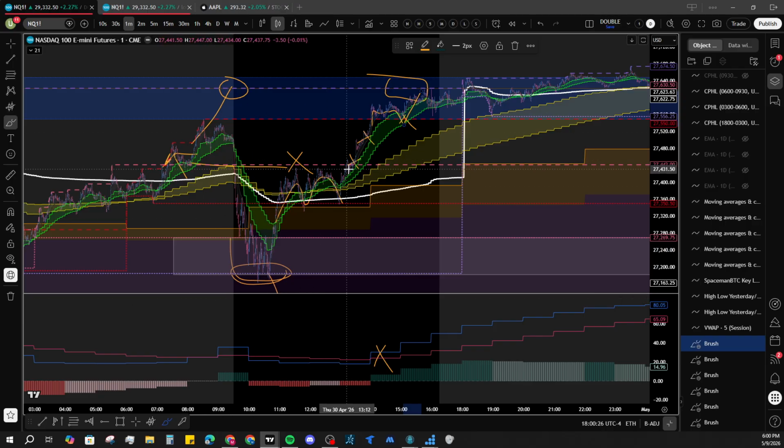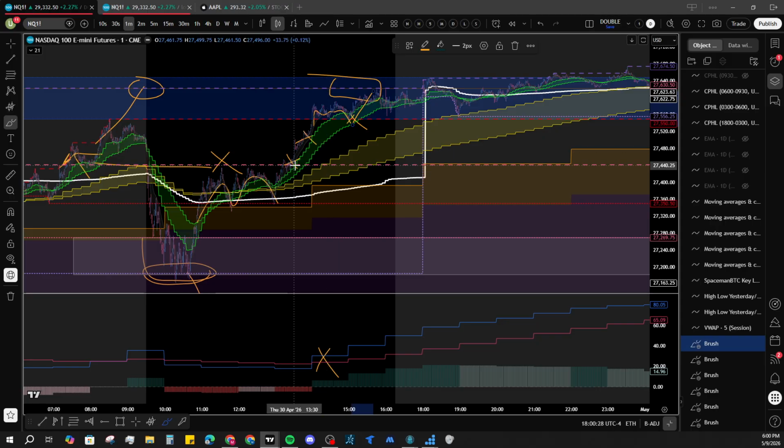And then I also made the rule of bouncing into the EMA once or twice and then stop playing it. That's something I developed over the last couple of weeks because I realized after the second one, can it work? Yes. But is it worth the risk? It isn't most of the time. So I just leave it out.